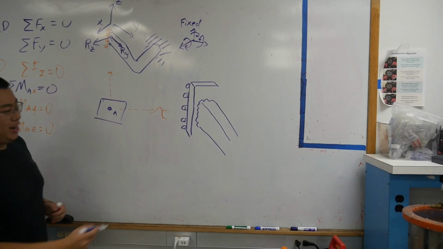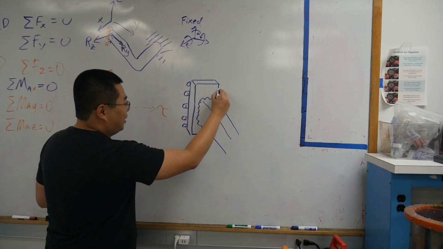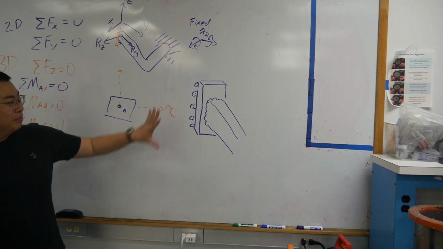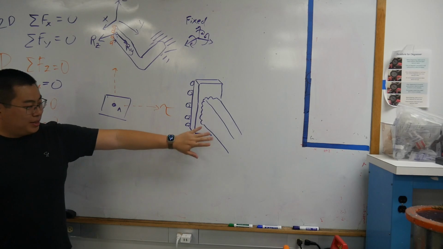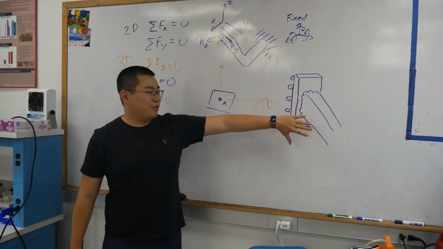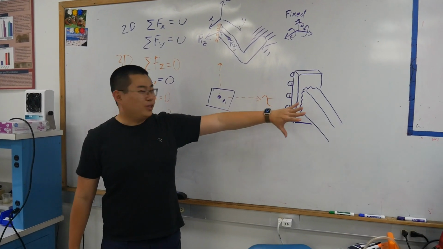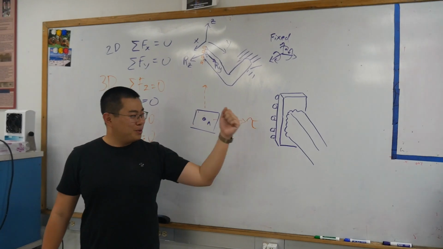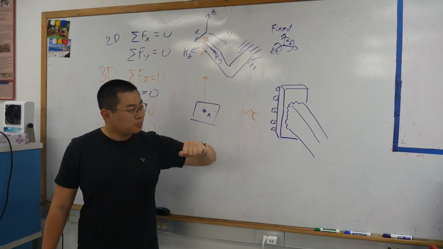It actually can have a reaction moment, especially if the length of this roller is given to you, because this bar will not be able to freely rotate since it's rigidly welded, and the roller doesn't allow for any motion this way either.